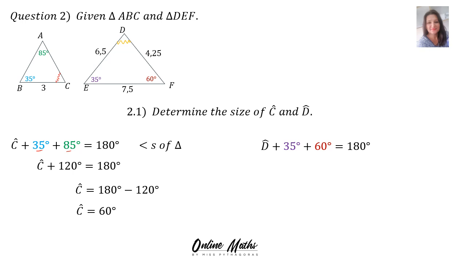And remember, you have to add your reason, angles of a triangle, supplementary. And then we can say 35 plus 60 is 95. And to solve D, let the 95 walk across. D is 180 minus 95. Therefore, D is 85 degrees.